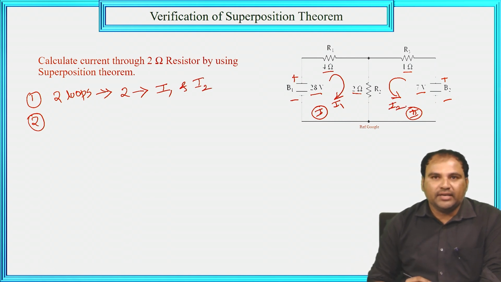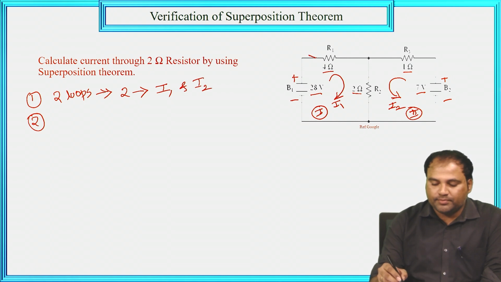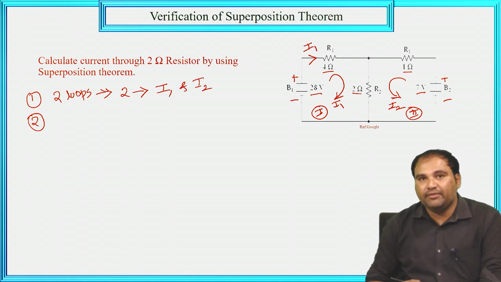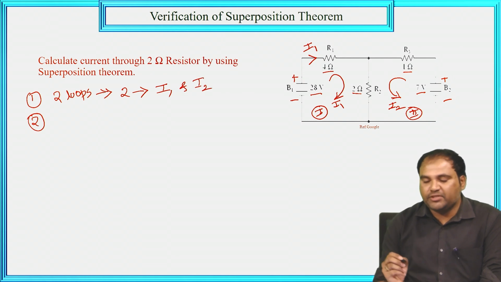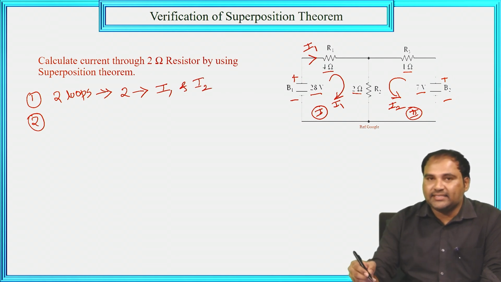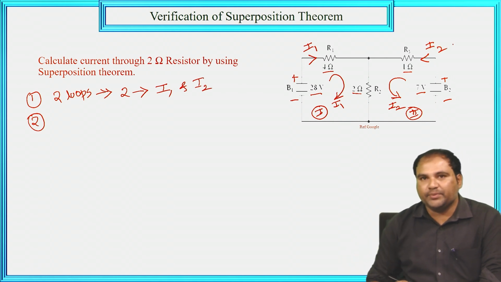The current through the 4 ohm starts from the positive terminal, so I take it as I1 for the first loop. The second loop current I2 is anti-clockwise, so the current through the 1 ohm is I2.